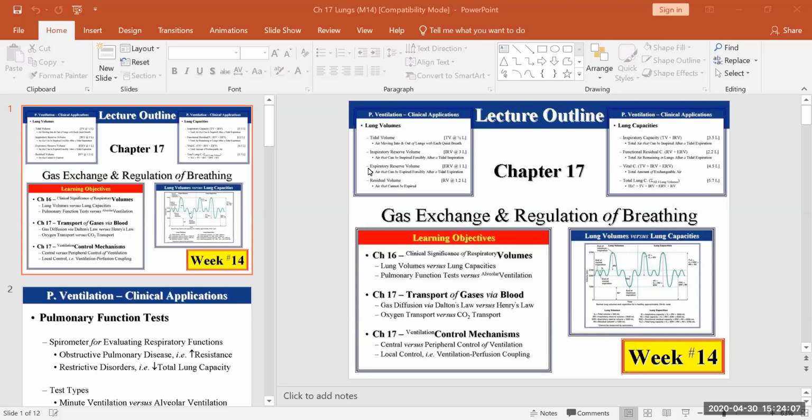So after the tidal expiration, meaning the half liter you breathe out at rest, now you forcefully breathe out more air out of your lungs, and that additional amount of air that can be expired from your lungs is around 1 liter, right? So we call that expiratory reserve volume, air that can be expired forcefully after a tidal expiration.